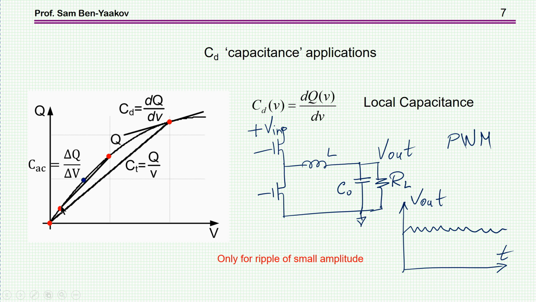For example, if you have a very large signal going from here to here, then of course this slope is much different from any local particular slope that you can pick. So this will be the application of this local capacitance, small signal capacitance, when you have DC and some ripple on it.